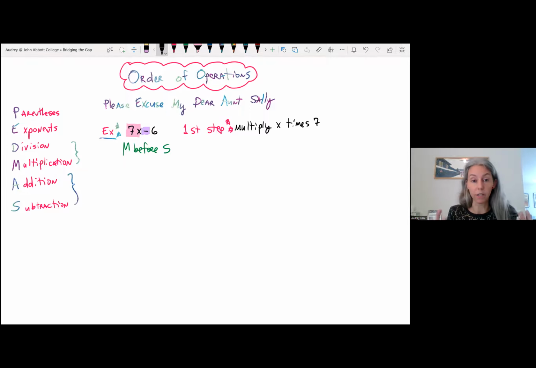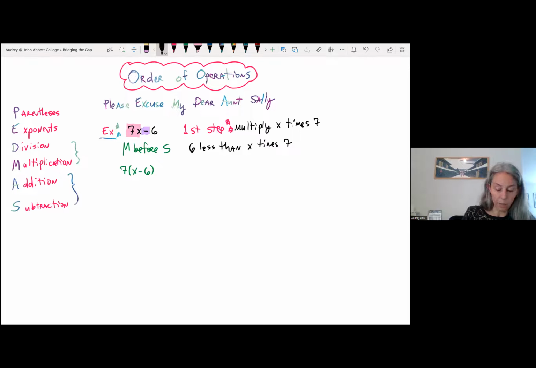So there's a big difference there. 6 less than x all times 7 would look like this. It would say those parentheses are there, meaning first we're going to subtract the 6 away from x, then multiply it all by 7. But here what we have is 6 less than x times 7, or 7 times x.